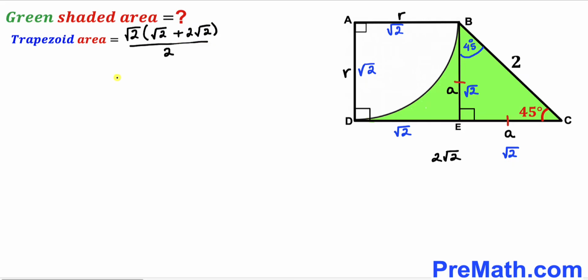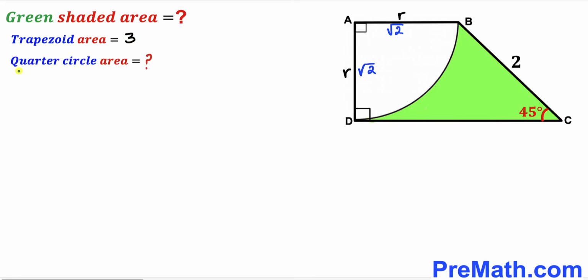So therefore we can write square root of 2 times 3 times square root of 2 divided by 2. And now we know square root of 2 times square root of 2 is simply 2. So therefore that is going to give us 2 times 3 divided by 2. And if we simplify, that is going to give us simply 3 square units.